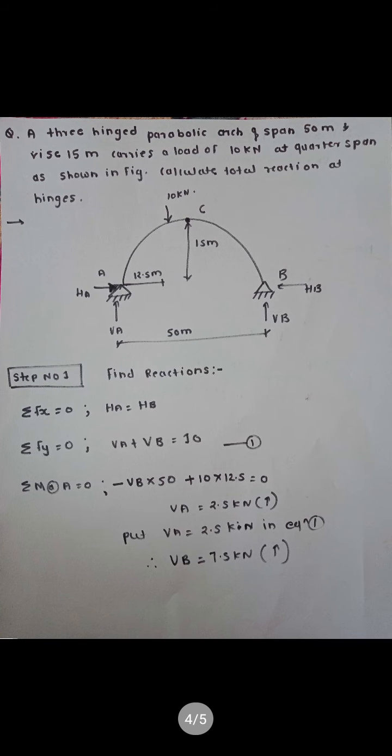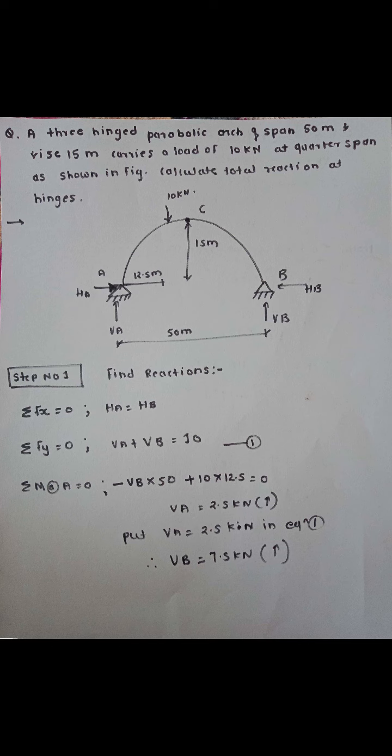Let us consider an example. A 3-hinge parabolic arch having a span of 50 meters and a rise of 15 meters carries a load of 10 kilonewton at quarter span as shown in the figure. Calculate the total reaction at the hinges.